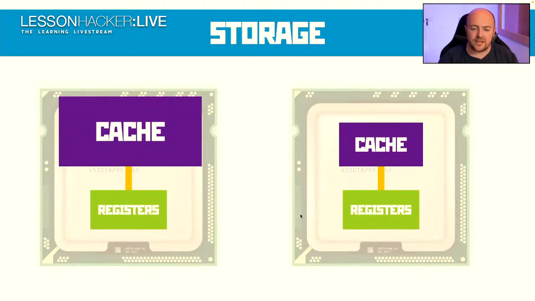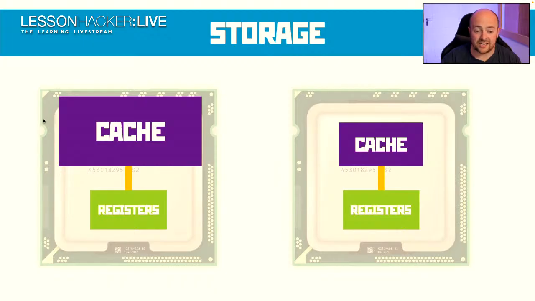Storage is also important because a CPU can have cache memory. The registers, the fastest part of memory on the computer, are only really very small. We're talking maybe in the region of megabytes or kilobytes here, so not a lot of space really. The cache is a place where we can copy the most frequently used instructions and keep them close to the register.